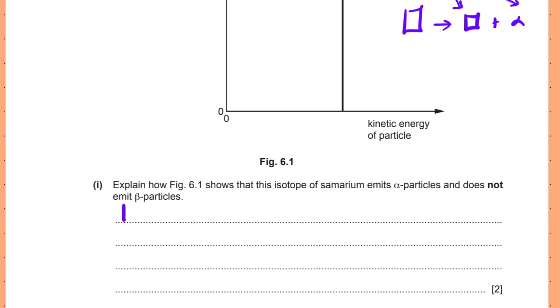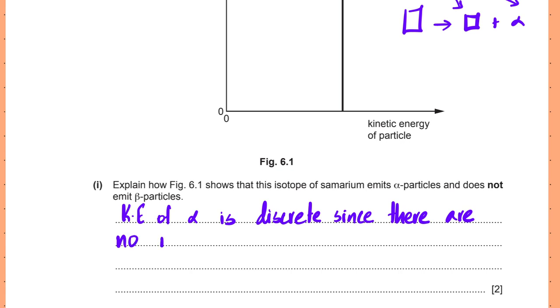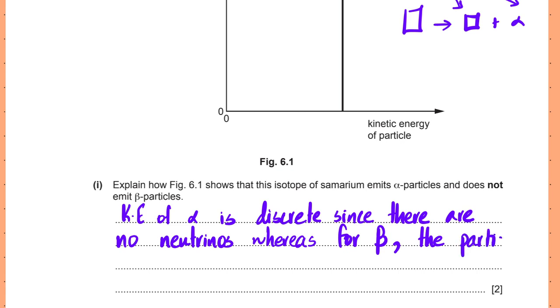So you'll say that the kinetic energy of alpha is discrete since there are no neutrinos, whereas for beta, the particles have a range of energies, and that's basically because of the presence of the neutrino or the antineutrino.